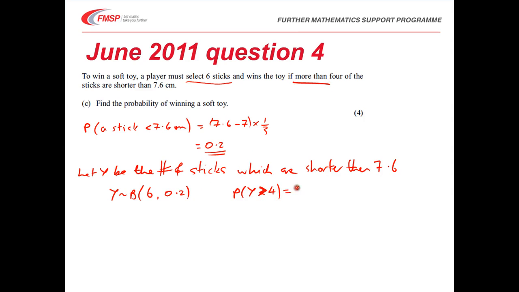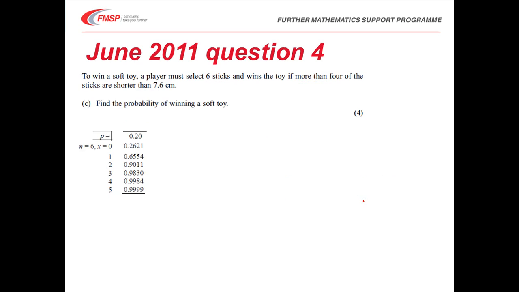Okay, which is going to be 1 minus the probability that y is less than or equal to 4. So to do this, we need to use the binomial tables. And we know that the probability of y being less than or equal to 4 is equal to 0.9984. So in this question, we're going to do 1 minus that. So that's going to be 1 minus 0.9984, which is going to give me the answer of 0.0016.